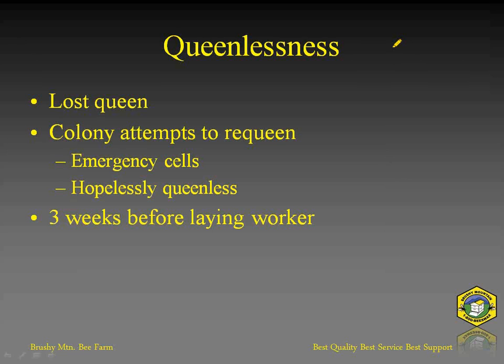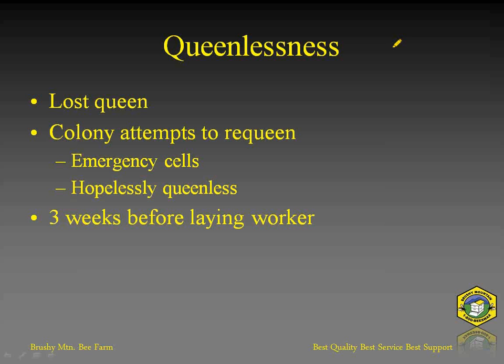This has some potential problems because these emergency cells generally do not produce good quality queens. Through some of the literature and research, we know that a queen that is raised from a 1-day-old larva will be a better quality queen than a queen that is raised from a 3-day-old larva.